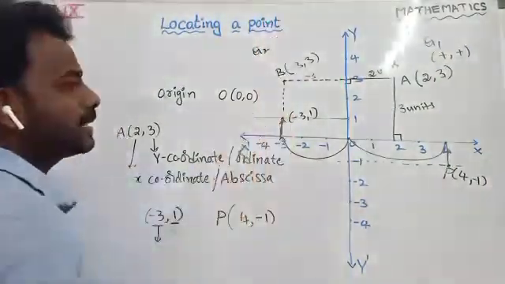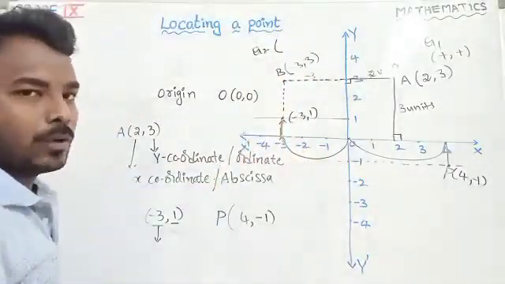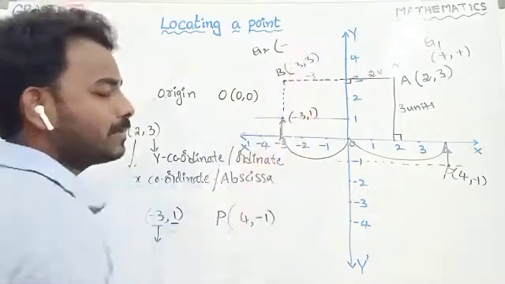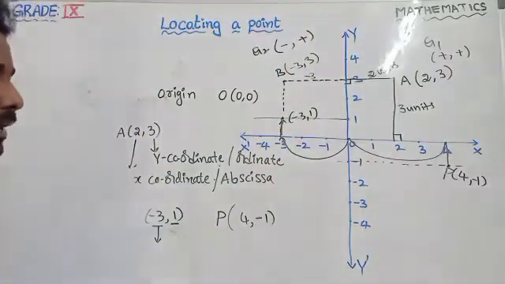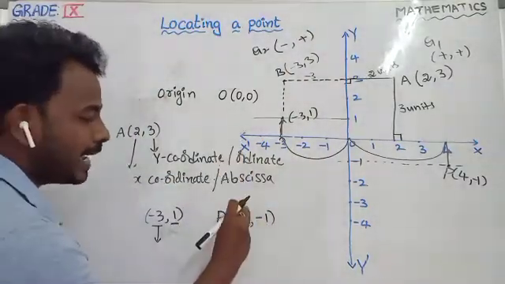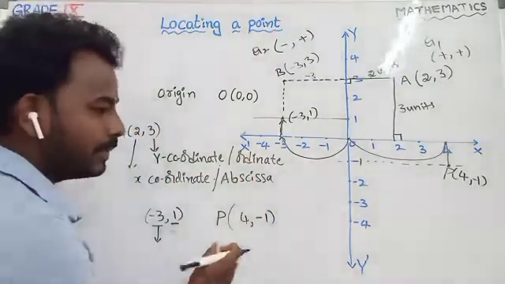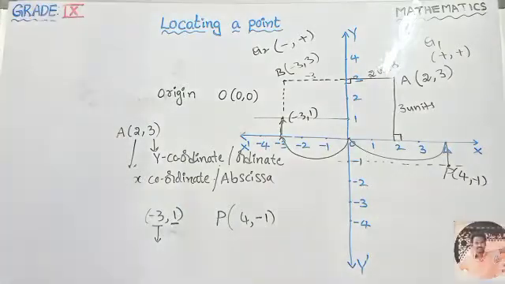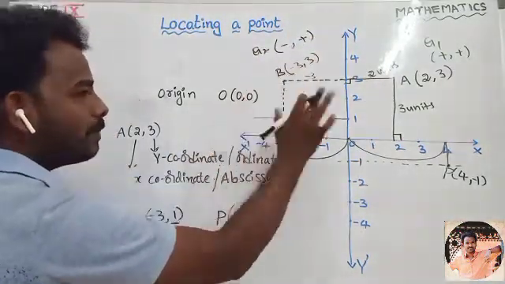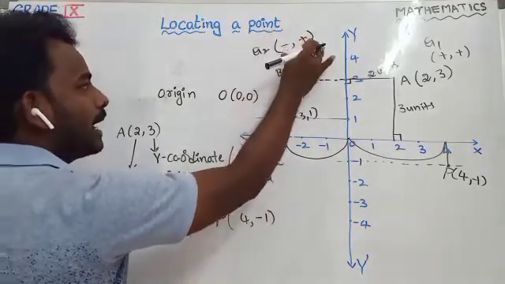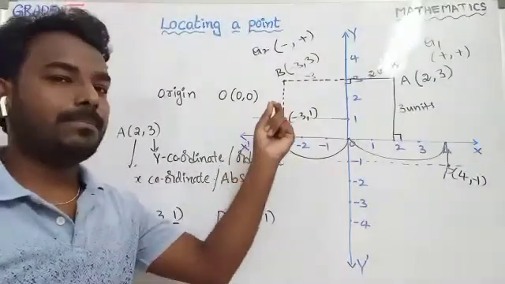Quadrant 2: the x coordinate is negative, that is minus, and the y coordinate is positive. Whenever you write a point, we always write the x coordinate first and the y coordinate next, with a comma in between them, in curved brackets. So minus comma plus: all points which lie in quadrant 2 have an x coordinate negative and a y coordinate positive.